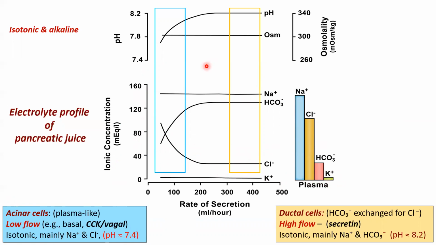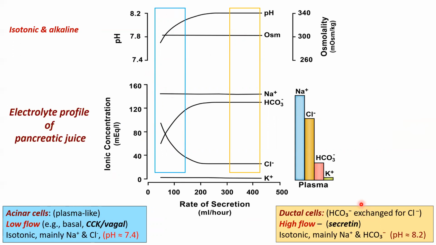So plasma-like, sodium chloride. And this will be primarily driven by things that stimulate the acini, which will be, we'll see, I have here CCK, vagal, and I'll explain it, because most of the effects of CCK are believed to be through the enteric nervous system. I'll talk about that a bit later. Anyway, that's your basal secretion.